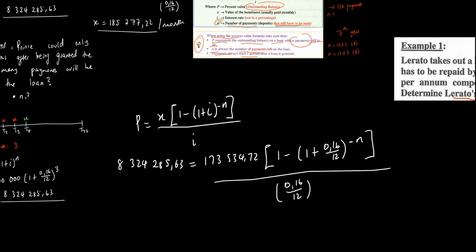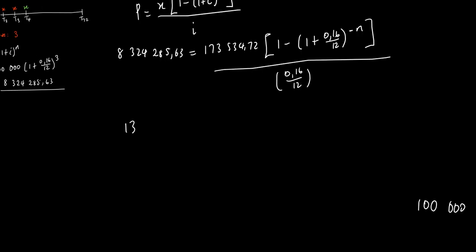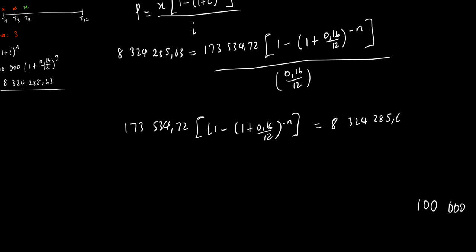So to get the answer, you're going to cross multiply so that you have 173,534.72 times 1 minus 1 plus 0.16 over 12 to the power negative n is equal to 8,324,285.63 multiplied by 0.16 over 12.